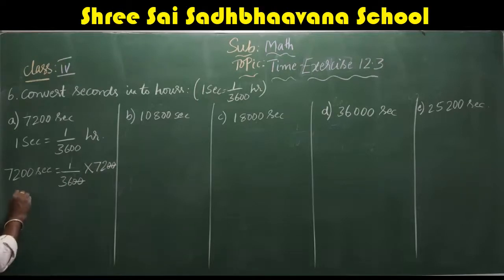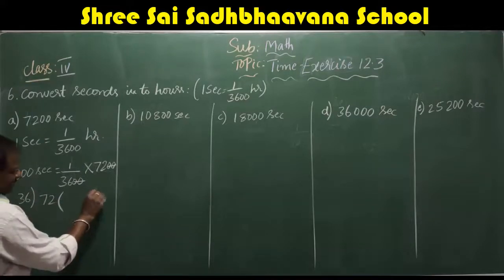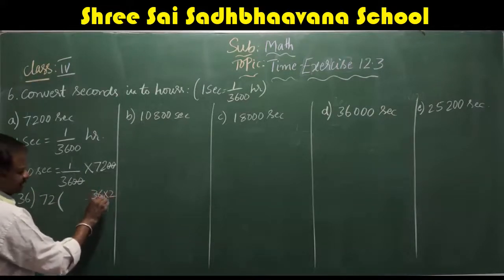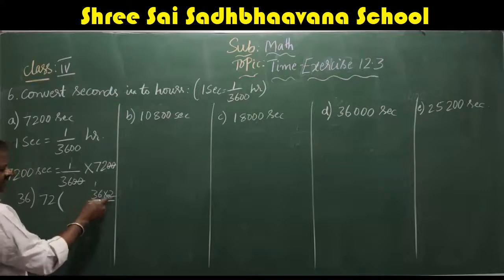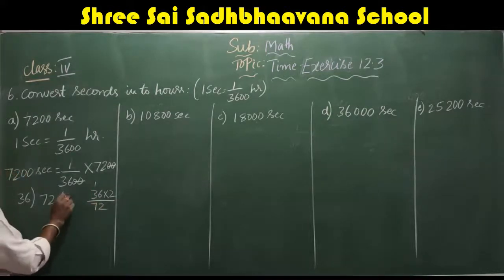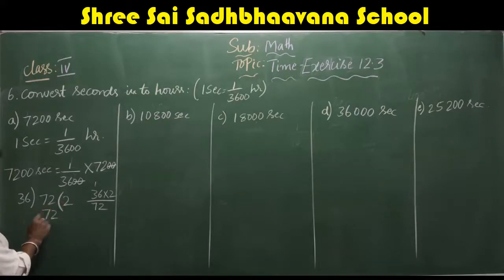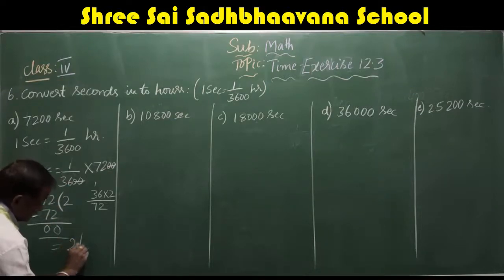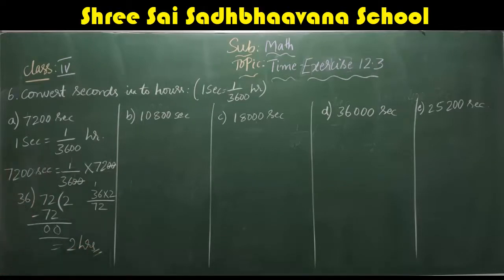From 72 you divide by 36. 36 2s are 72. Subtract, 2 minus 2 is 0, 7 minus 7 is 0. That is 2 hours. What is the answer? 2 hours. So 7200 seconds is equal to 2 hours.